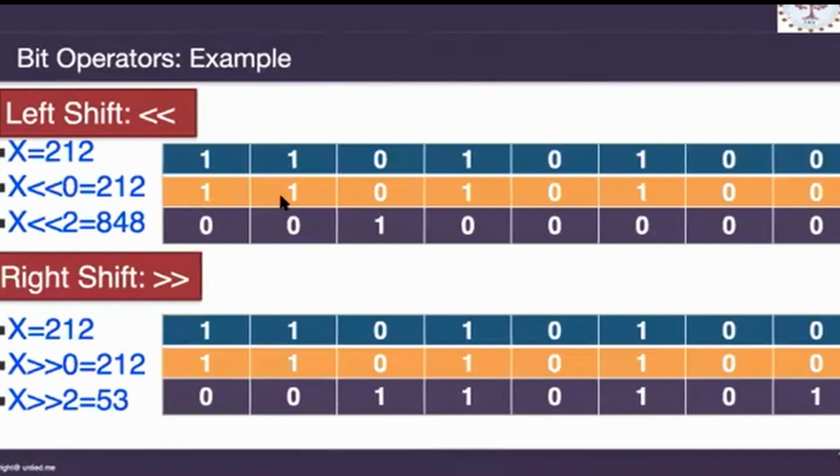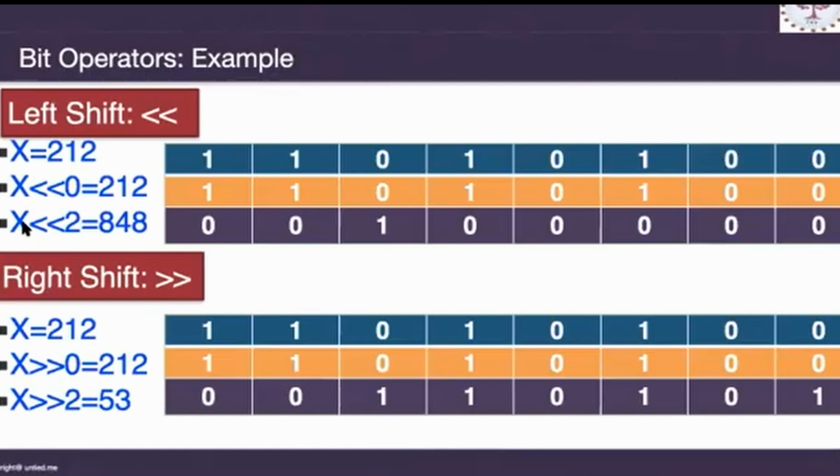But when you say x should be shifted by 2 places, it will left shift, meaning shift towards the left. On the left-hand side you have these 2 places, so they will go, and this 0 will come here, and your value will become like this, and more zeros will come on this side.